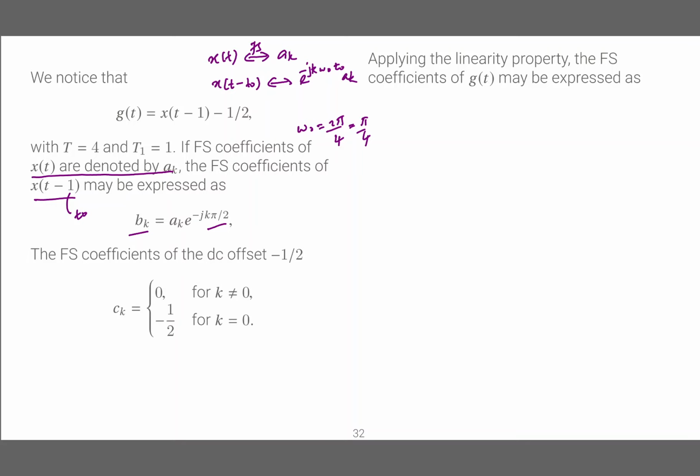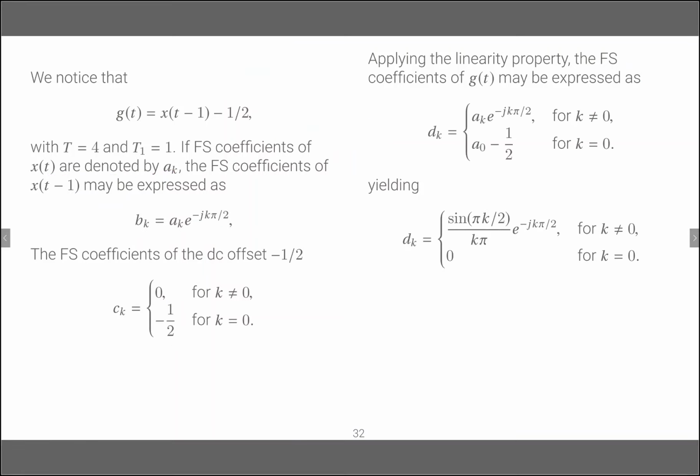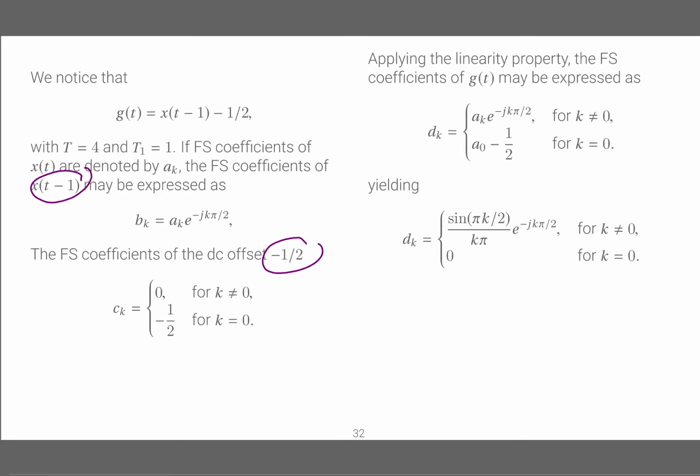So the Fourier series coefficients of the offset minus half would be, it's a DC value, 0 for k not equal to 0 and minus half for k equals 0. Then applying the linearity property, the Fourier series coefficient of gt may be expressed as a linear combination of this and this. So ak e to the power of minus jk pi over 2 for k not equal to 0, because here they are 0, and here you have minus half, a naught minus half.